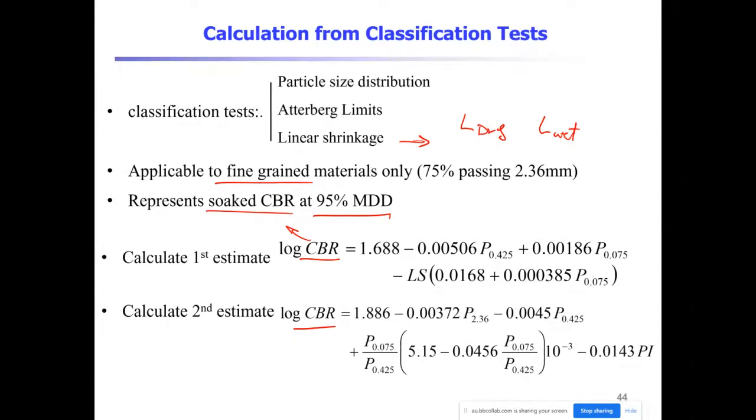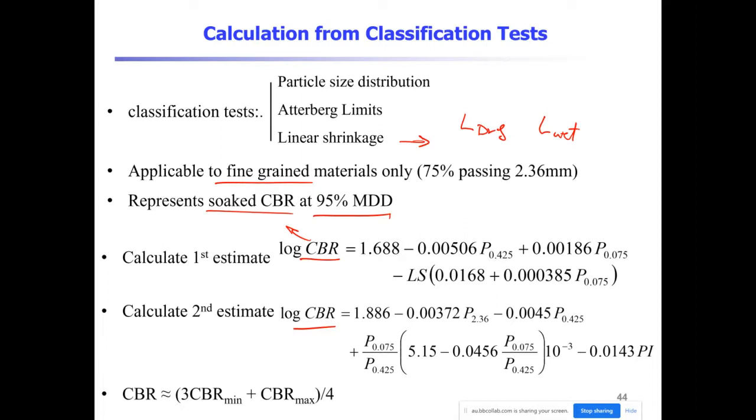Because you remember, change of dry density and change of the moisture content will change the CBR of the soil, right? So when you use this equation, the CBR value that you calculate is for the soaked CBR at 95% MDD, or maximum dry density.